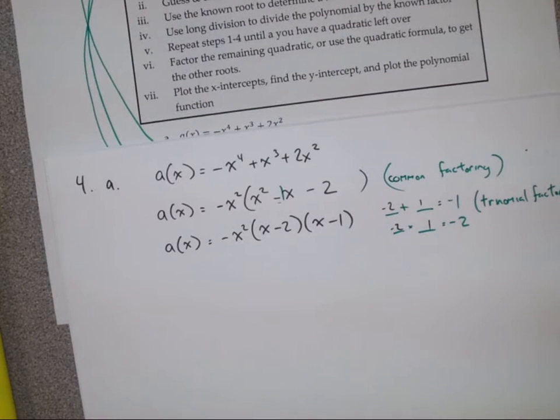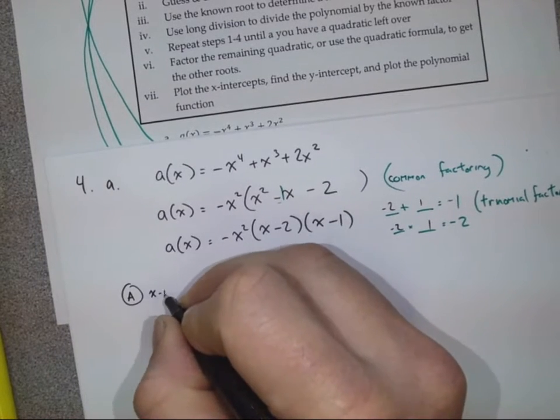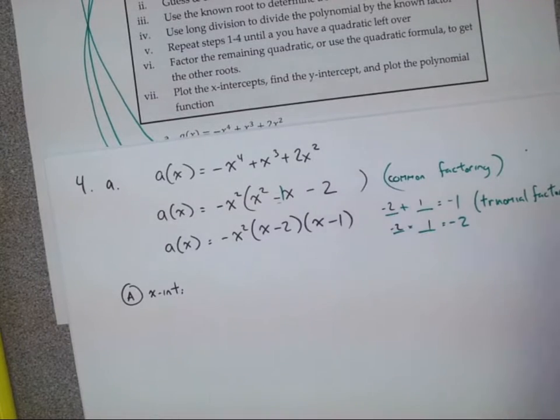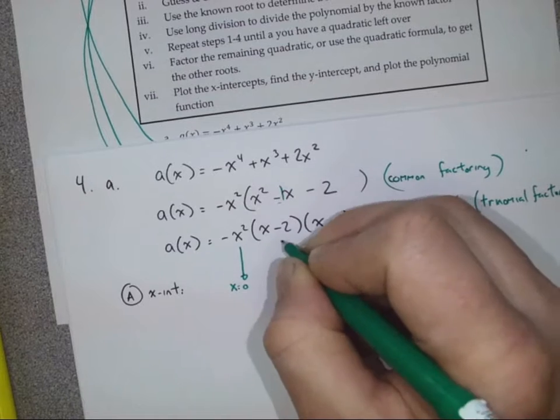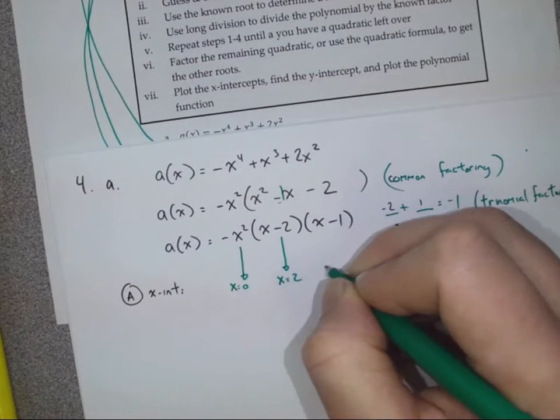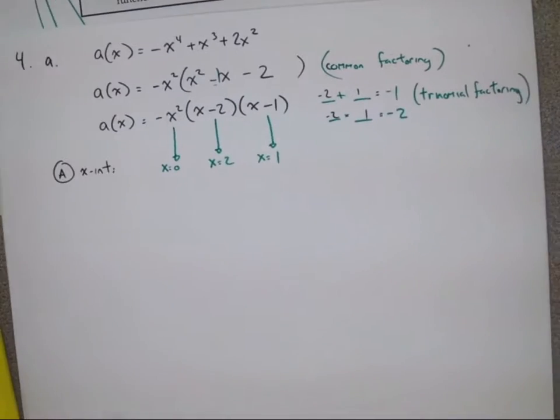Okay. So now that we have a factored function, we can sketch it. I'm going to start by finding my x-intercepts. They're going to be at x equals 0, x equals 2, and x equals 1. So I'm going to go ahead and sketch those right now.